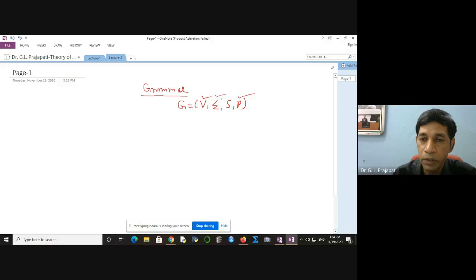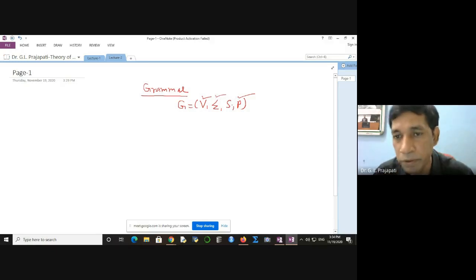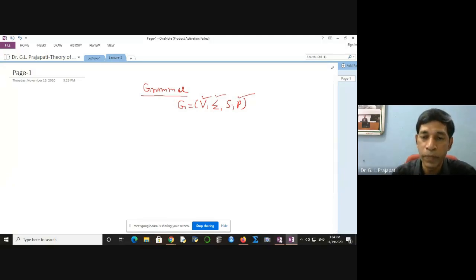Terminals means you must have the alphabet. Using that alphabet, you are going to construct the sentences of the language. S is the start symbol here. So any construction of any sentence will begin from the non-terminal S. So this is important to know.